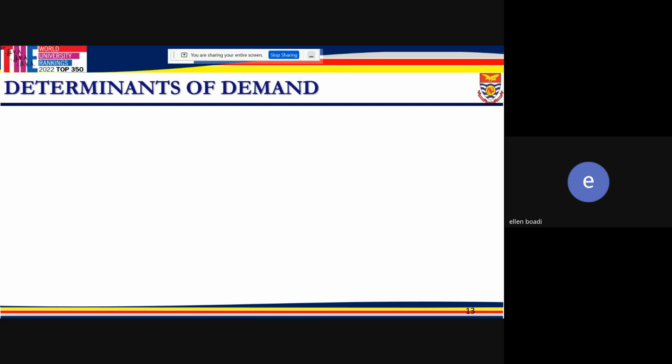And we know that in reality, there are some factors that may affect the quantity of jollof you demand, apart from the price of it.